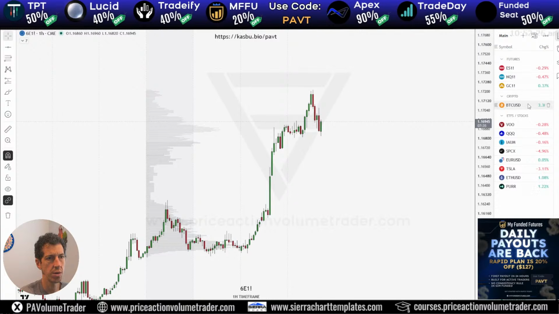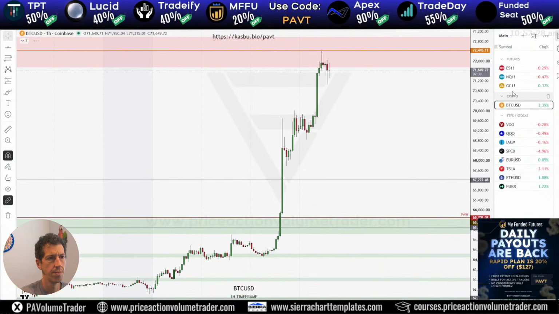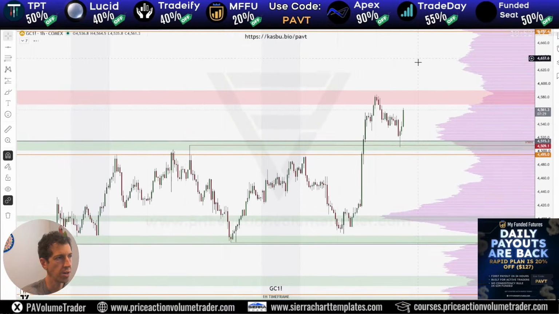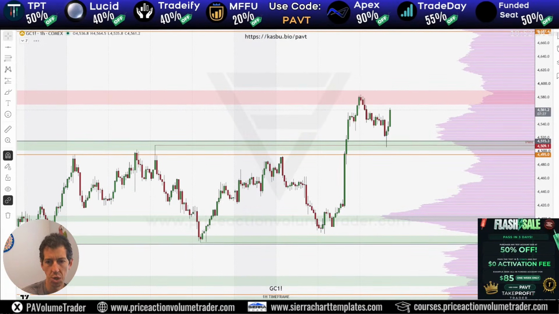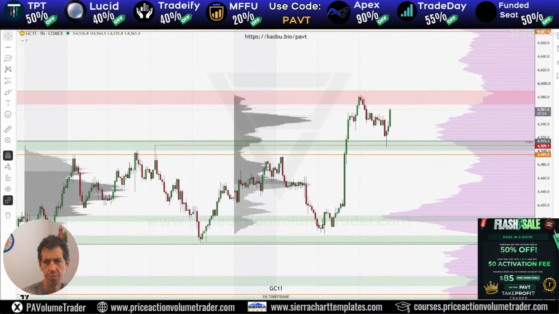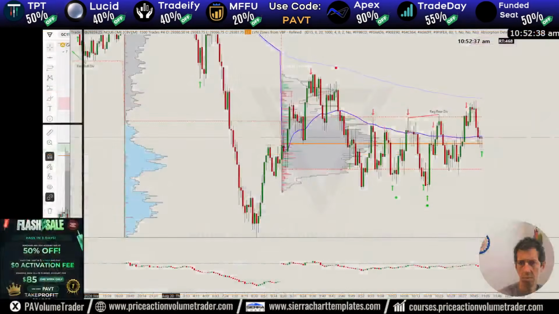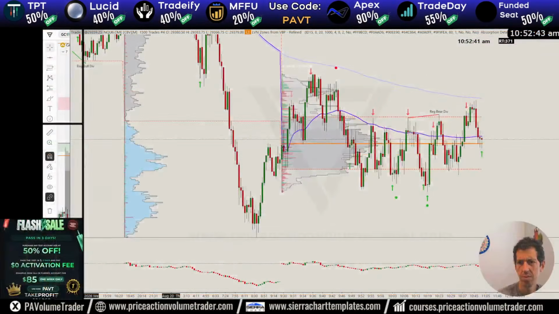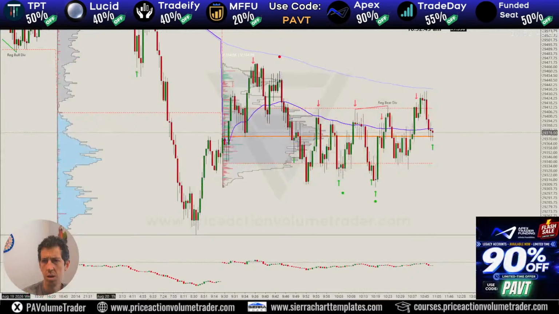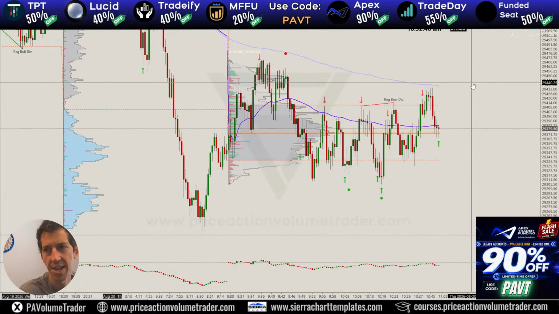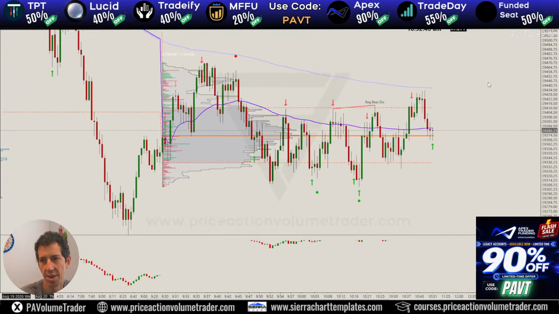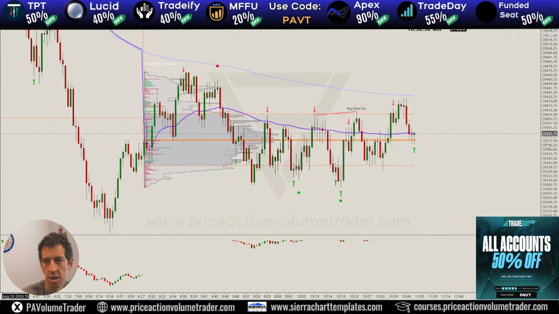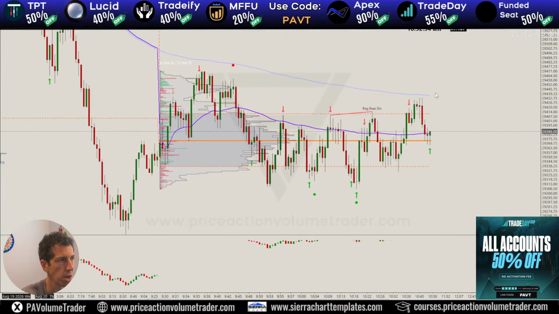So this is the 1 hour gold chart on TradingView. I'm just loading up. So right here, this is my platform that I use to test out indicators and things on Sierra Chart.